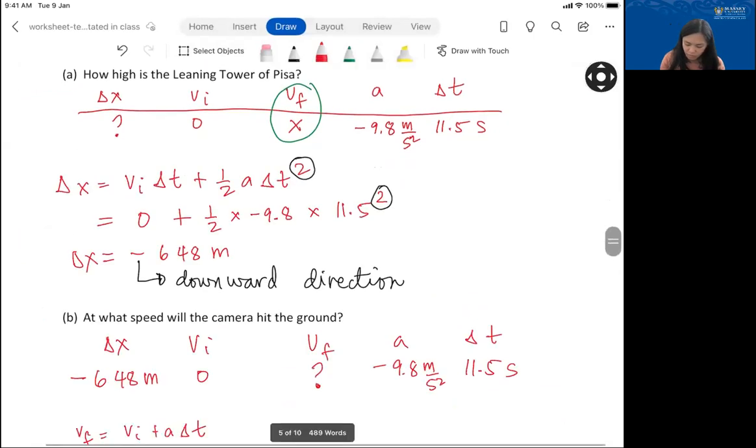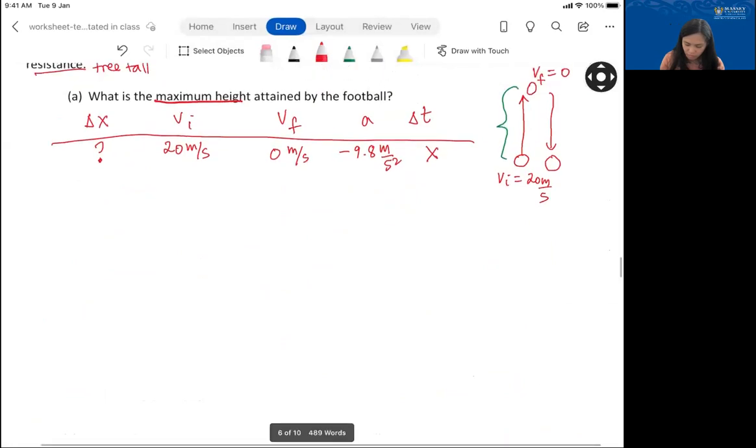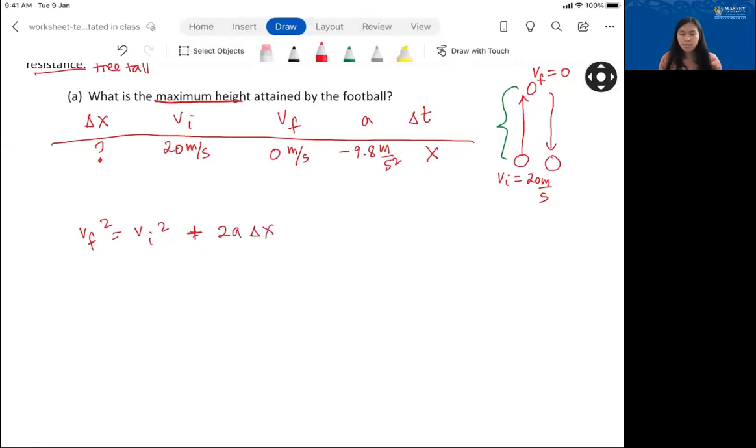VF squared is equal to VI squared plus 2A delta x.